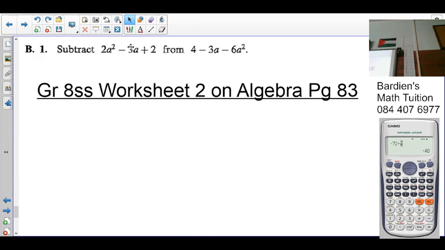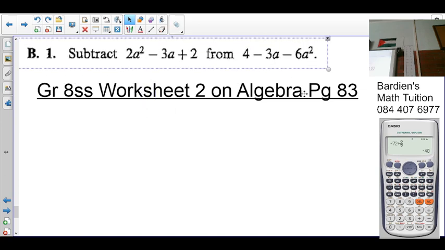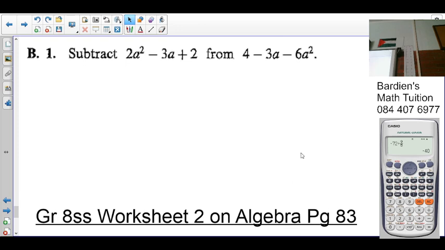Let's look at B number 1. So here we are asked to subtract 2a squared minus 3a plus 3 from 4 minus 3a minus 6a squared. So what we do, we underline from, and whatever follows from we write first.